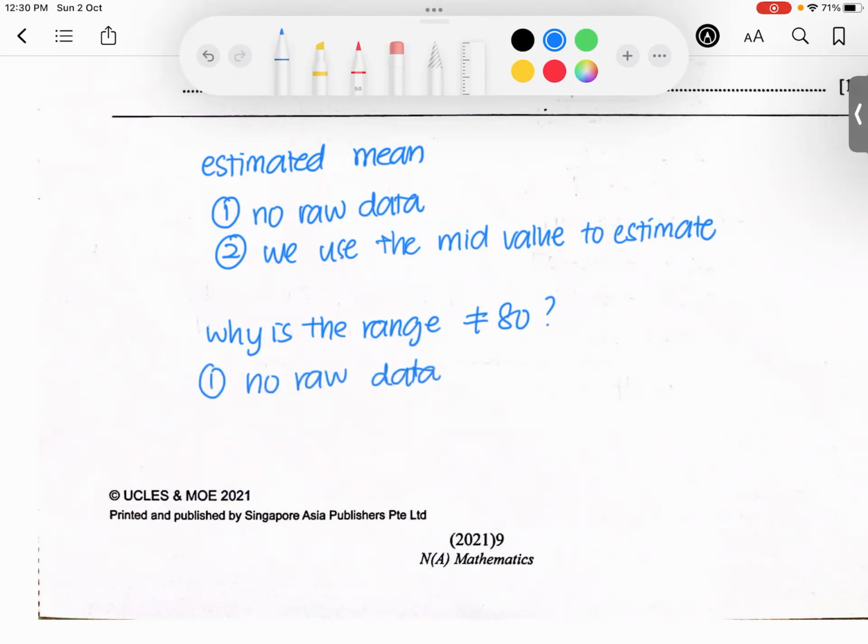Explain. When we are talking about range, it is the maximum minus the minimum.